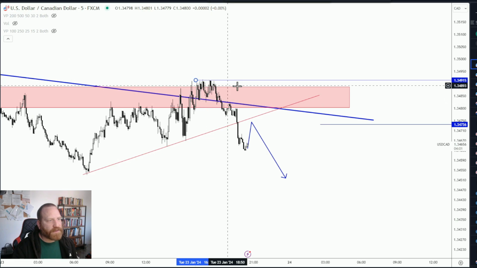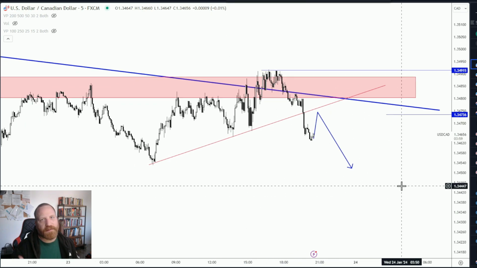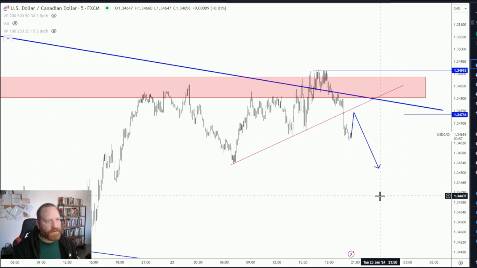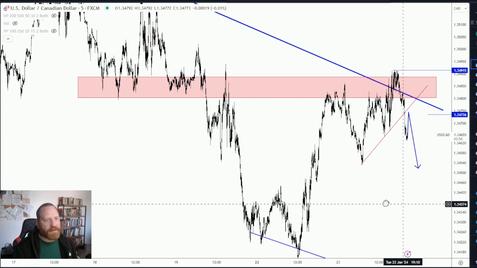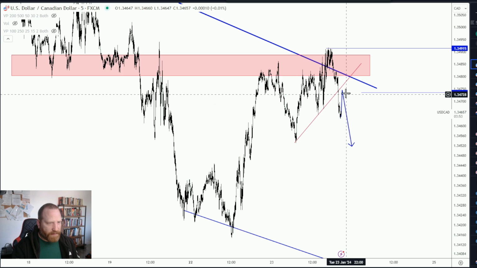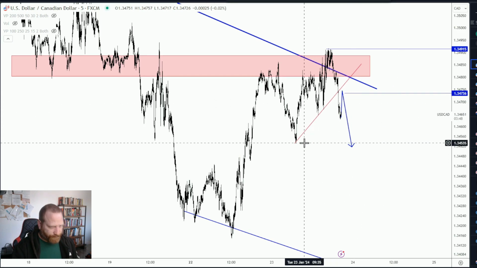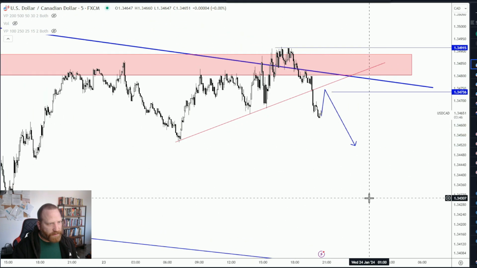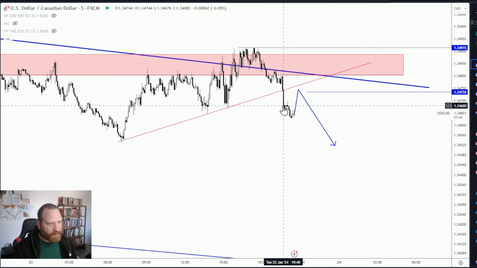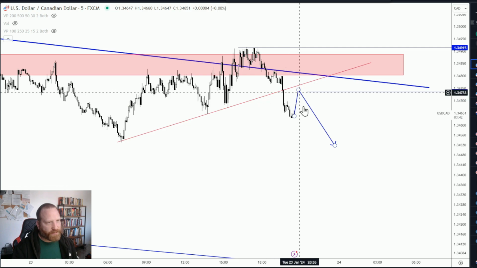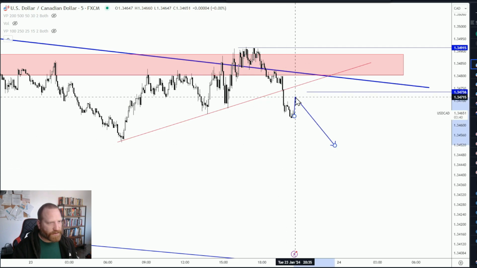Because if price goes back there, then it invalidates whatever bias I had. So that would be my first entry. I would short. I could have shorted on the break here on that candle, but I prefer to enter on a reaction usually.